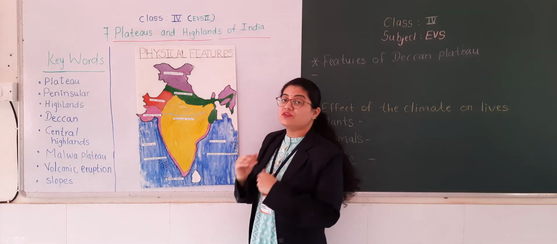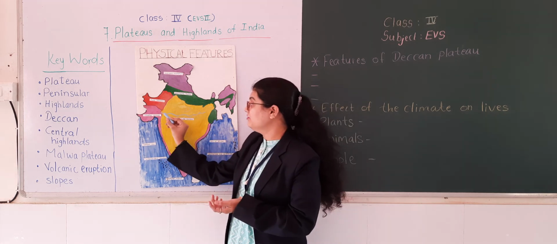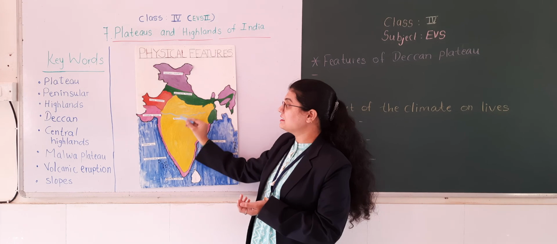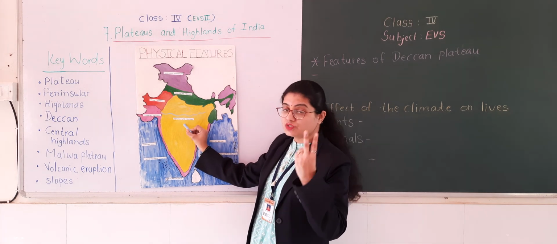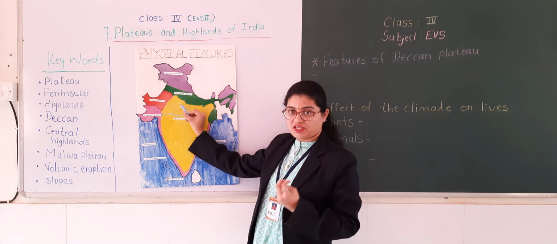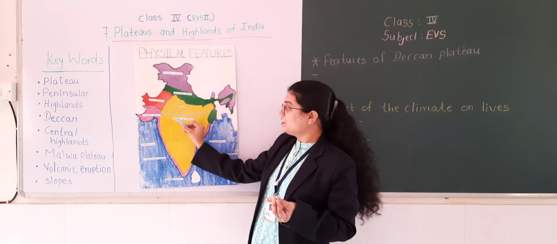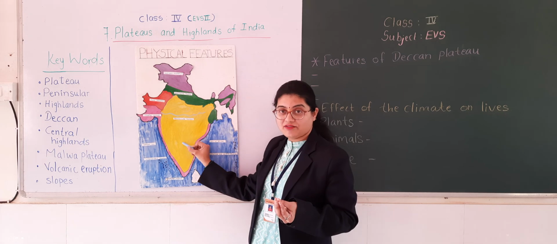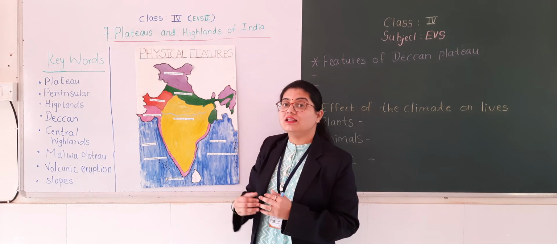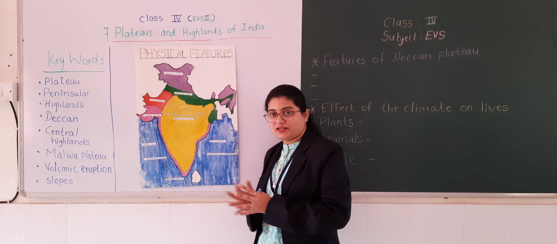As we all know, the Narmada river flows and divides these peninsular plateaus into two parts. To the north of the Narmada river we have the Central Highlands and to the south we have the Deccan Plateau. So we will learn about the Deccan Plateau.